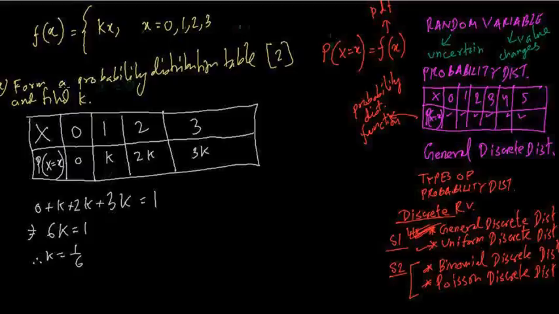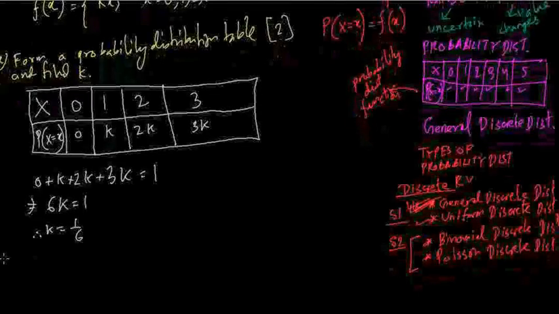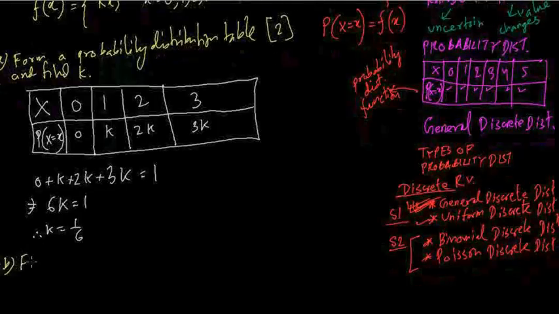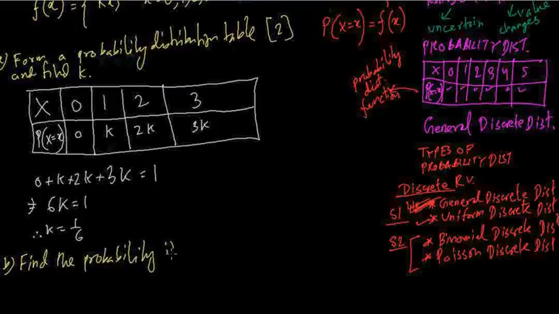That was the question. In question number B, after this question, the next question is usually based on probability. So this would have some parts. So find the probability. Number 1, probability of x is less than 2.